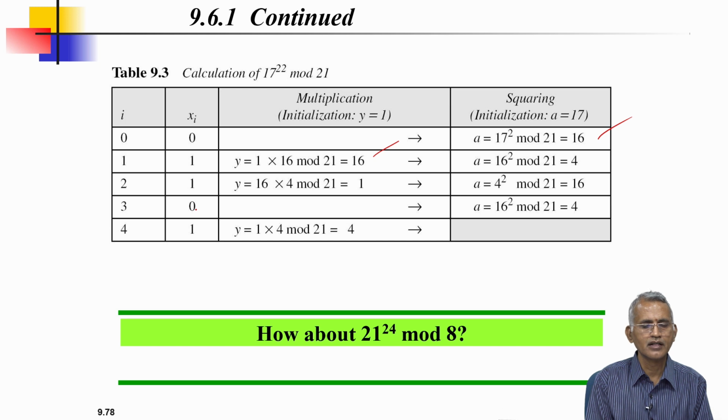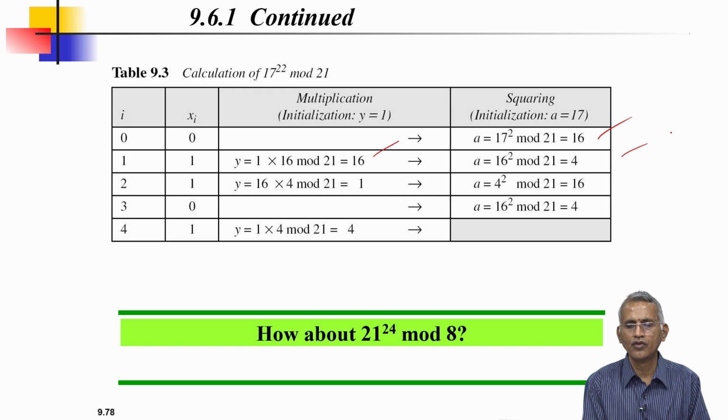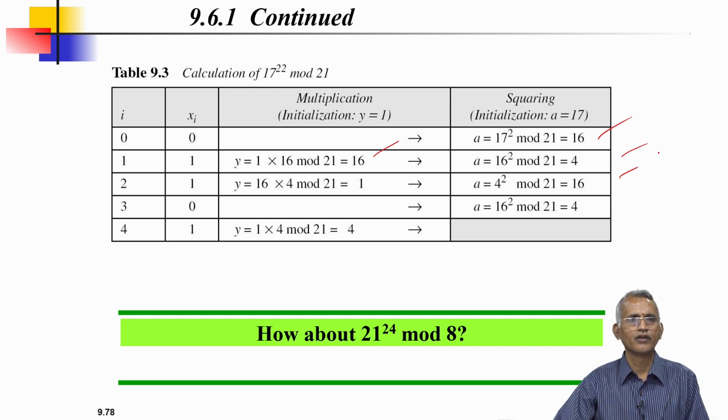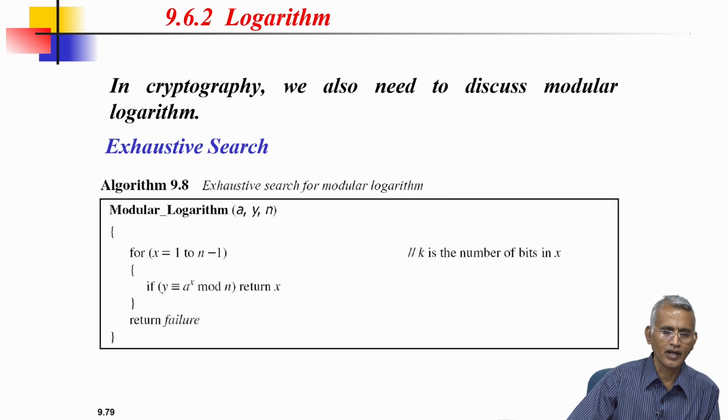Then a power 16 under modulo 21 is 4, and then a equal to 4 square under modulo 21 is 16, and a equal to 16 square under modulo 21 is 4, that is initially squaring. Therefore, we can write it in terms of the exponential expression. And then what about 21 power 24 under modulo 8? You try.